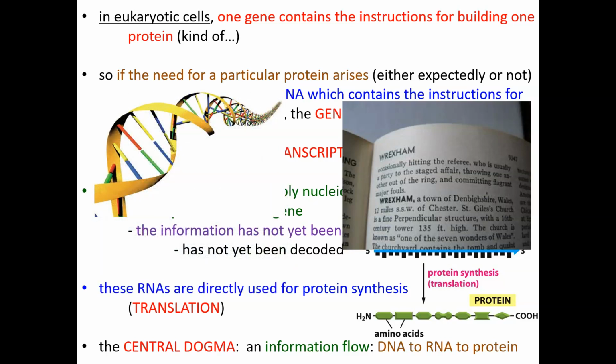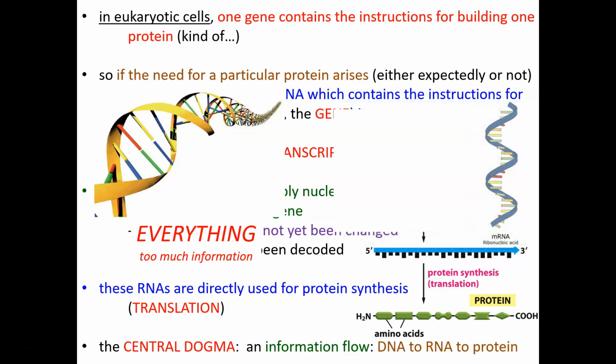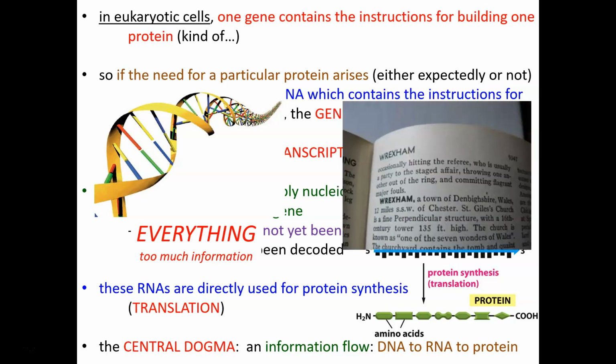So in this analogy, the encyclopedia is the entire genome. It's all of the DNA in the cell. It's everything, all the information you would ever need, but way too much information for any one time. And each entry in that genome, accessing those genes and copying them in a way that can be used and is portable, is a messenger RNA. You can think of a messenger RNA as a Xerox copy of the page of the encyclopedia that you need.